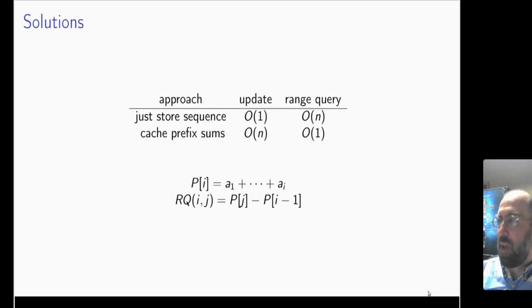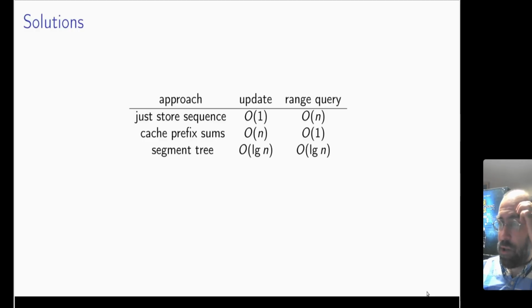And that means that range query is now very fast because it's just two constant time lookups, but update is slow because now to update something you have to update all of the cached prefix sums.